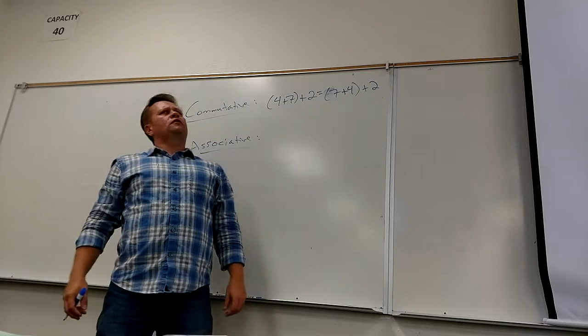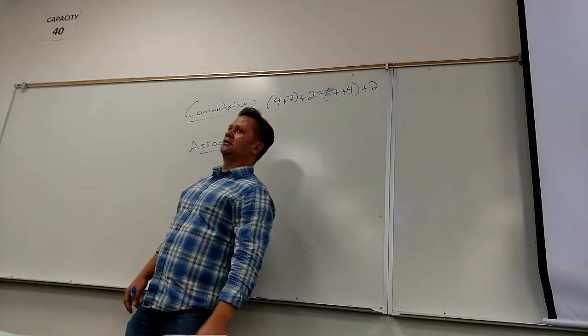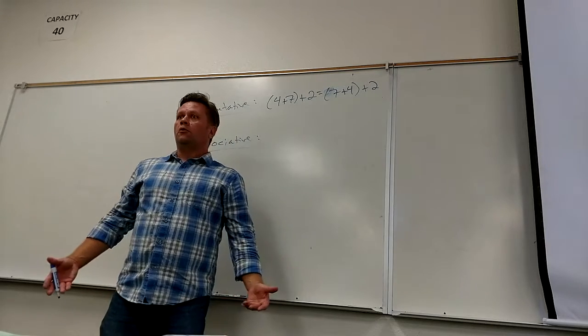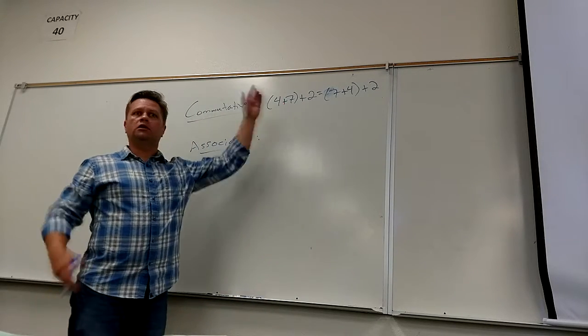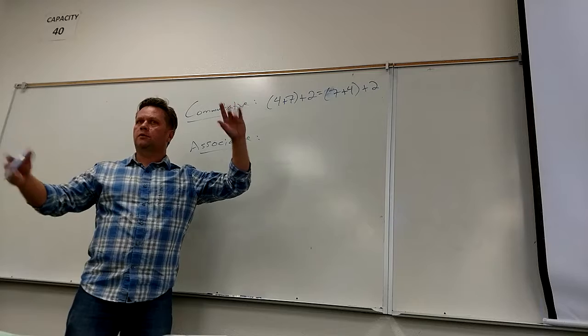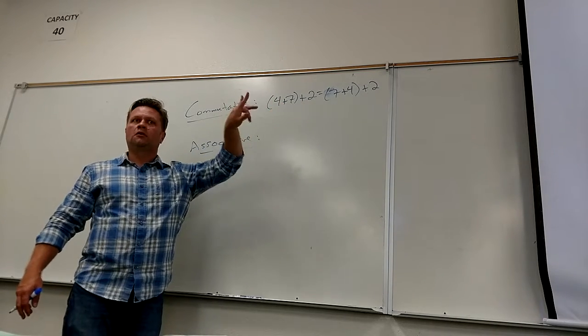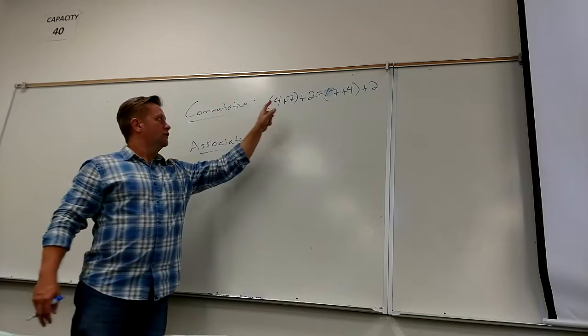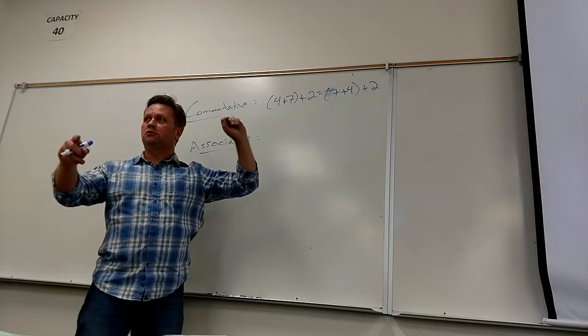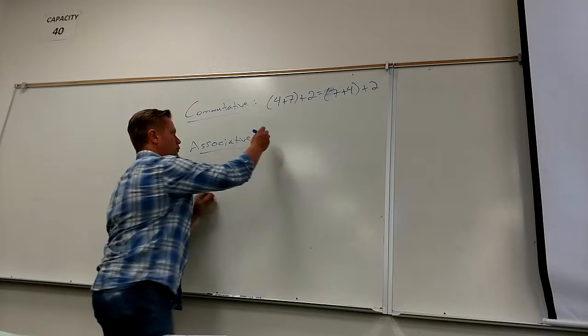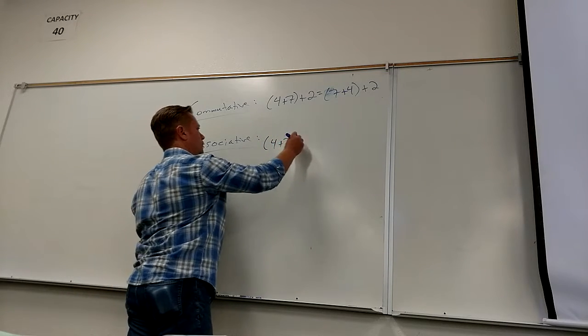Is 8 divided by 4 the same as 4 divided by 8? They're not the same. So order matters for those. Addition and multiplication, it doesn't matter what order you add or multiply. But what moved? The 7 and the 4, the individuals moved. That's why it's commutative. So what would it look like if it was associative?